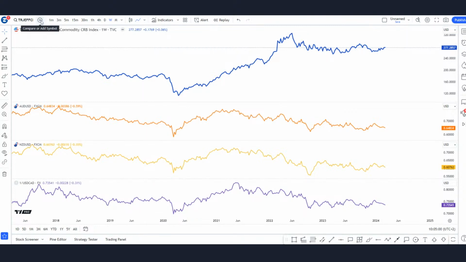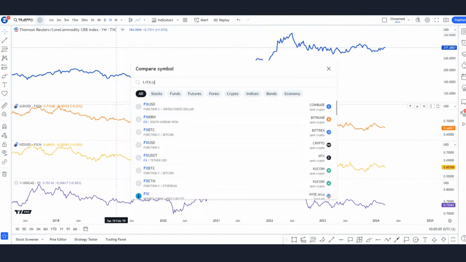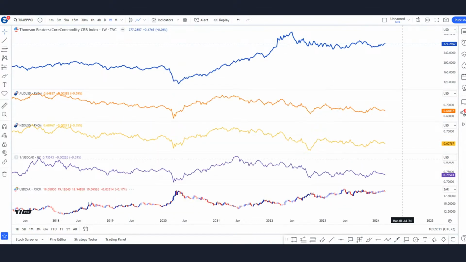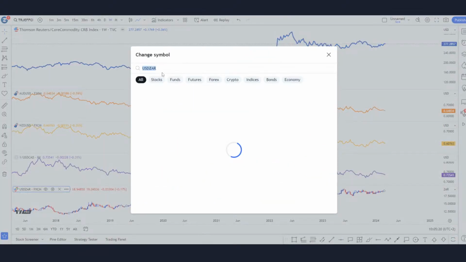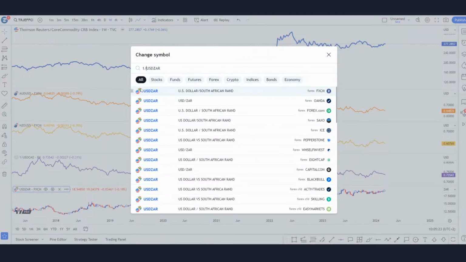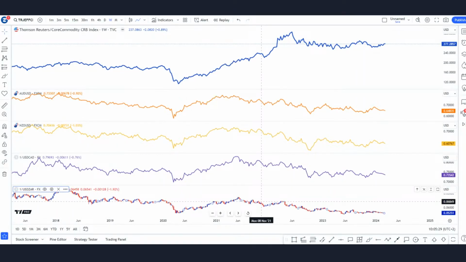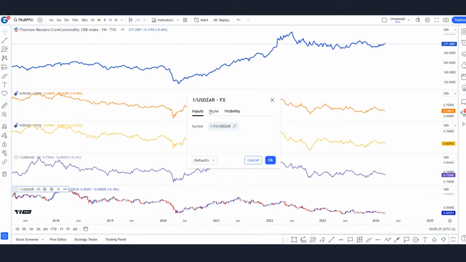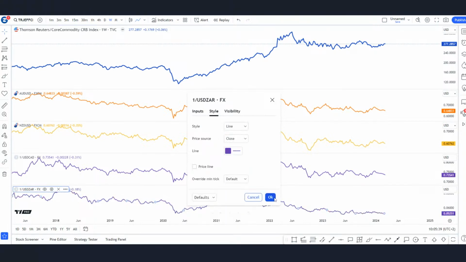So let's put in the rand. Make it a line chart. All right, what have we got here?